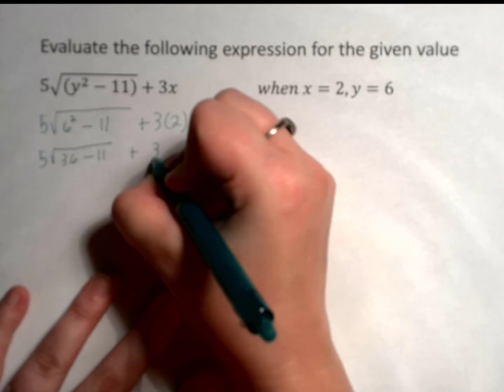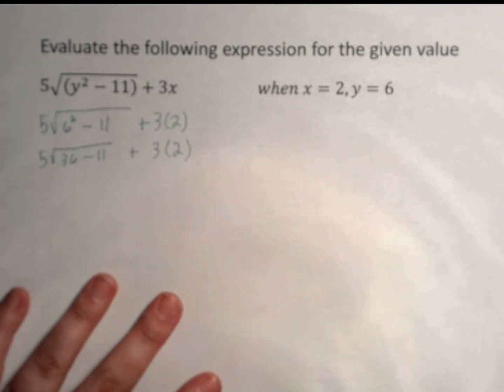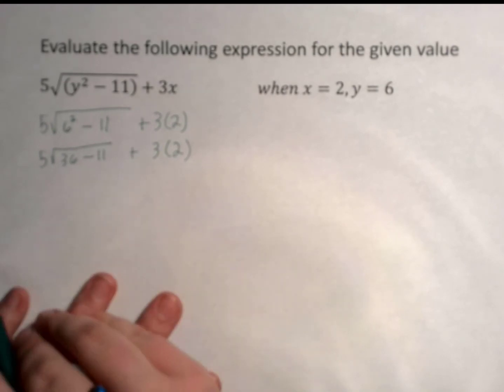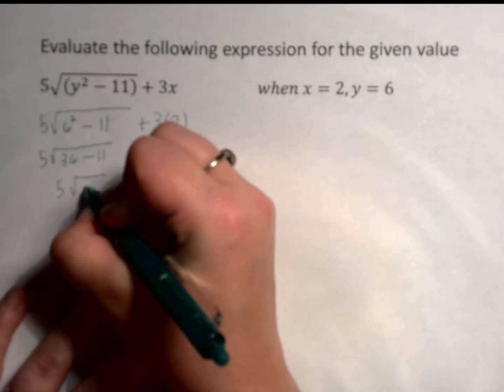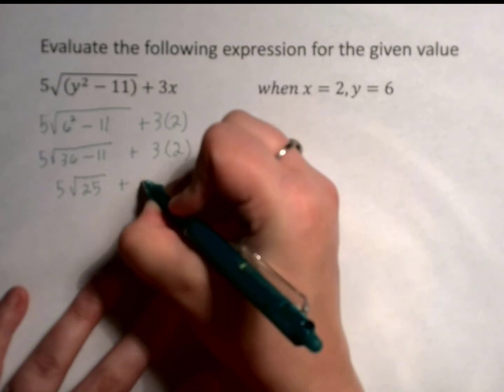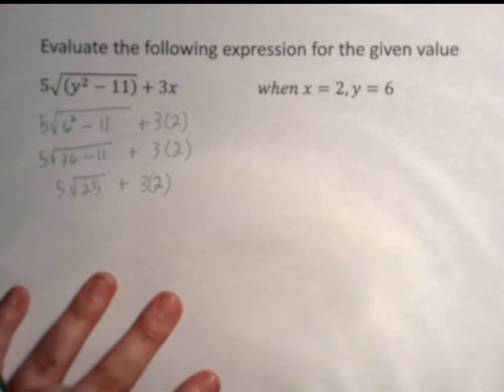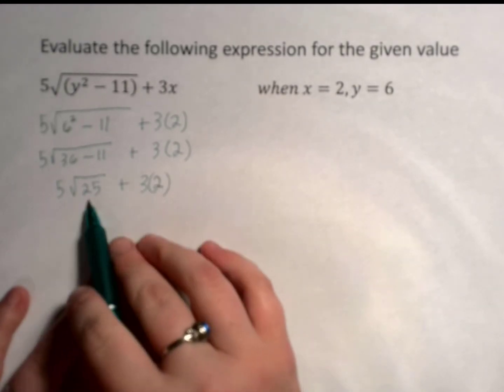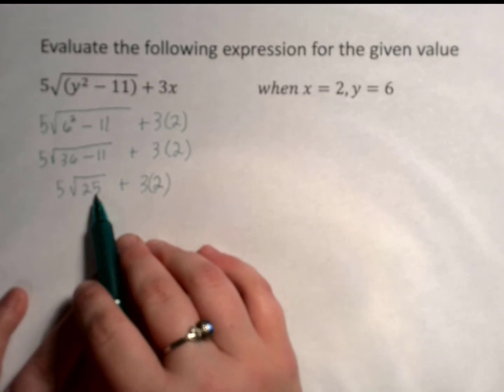I still have this plus 3 times 2 out here. 36 minus 11 is 25. And the square root of 25. So what number times itself gives me 25? 5.